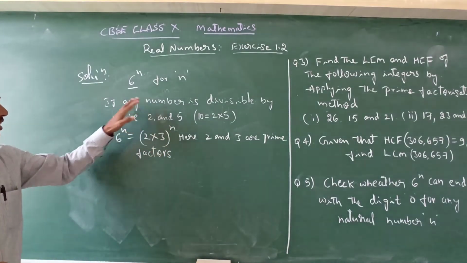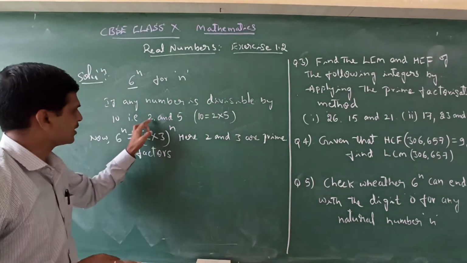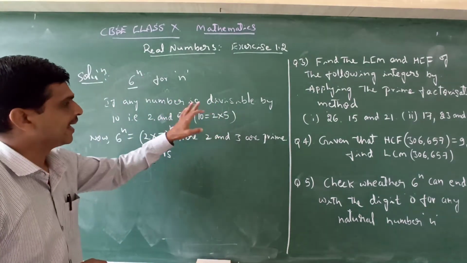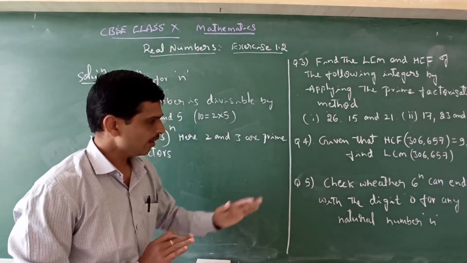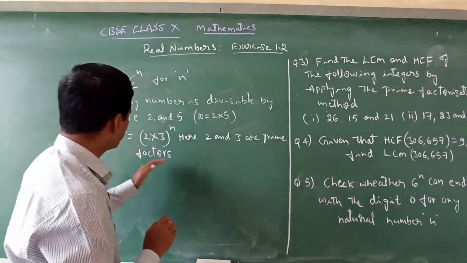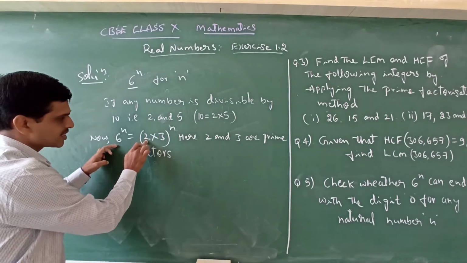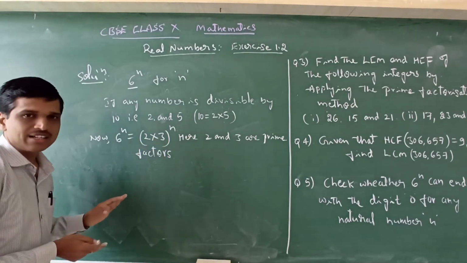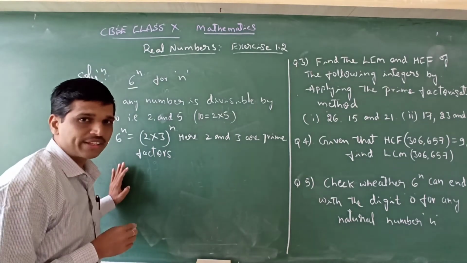I told you already, if any natural number is divisible by 10, that is by 2 and 5, then that number can end with the digit 0. Look here, this number has prime factors 2 and 3; 5 is not there. Instead of 10, 2 is there, 5 is not there.